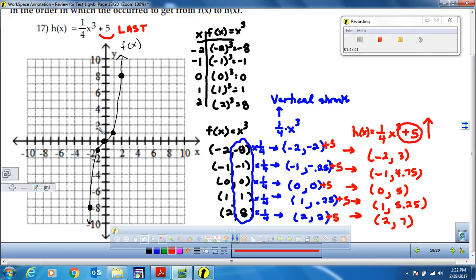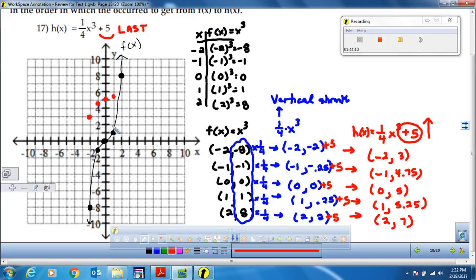And if we graph these points, -2, comma, 3 is going to be up here. -1, 4.75, it's close to 5, so we're going to put it here. 0, 5 is here. 1 and 5.25, it's a little bit larger than 5, somewhere in here.